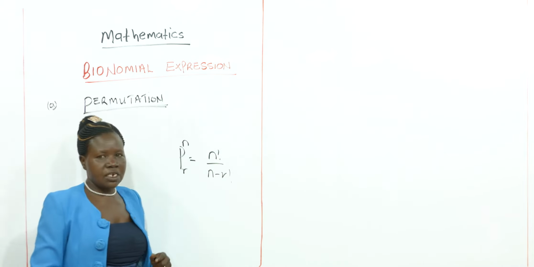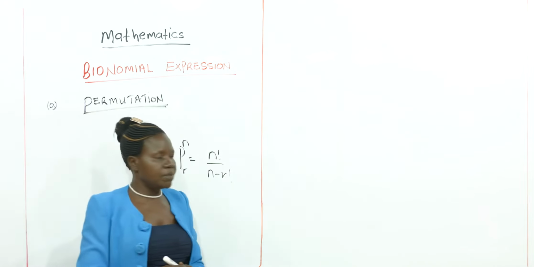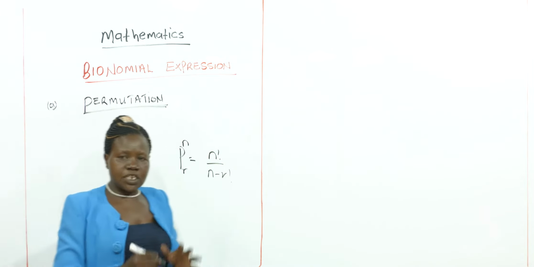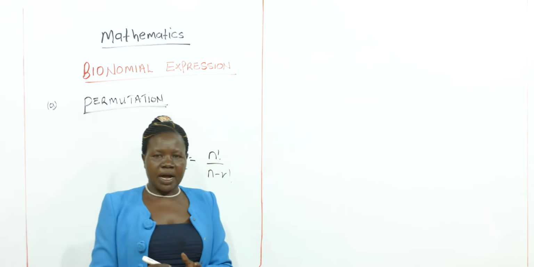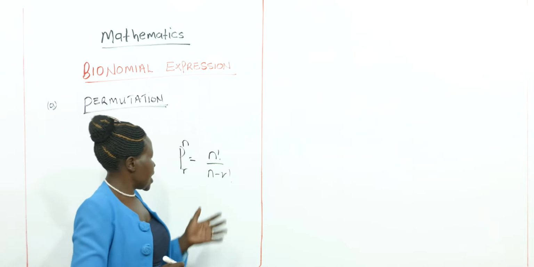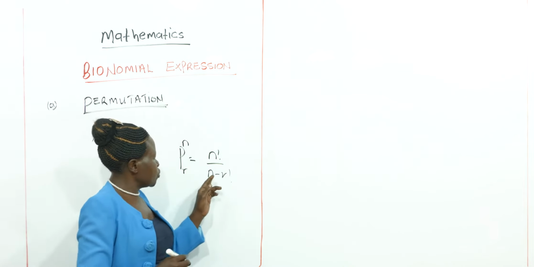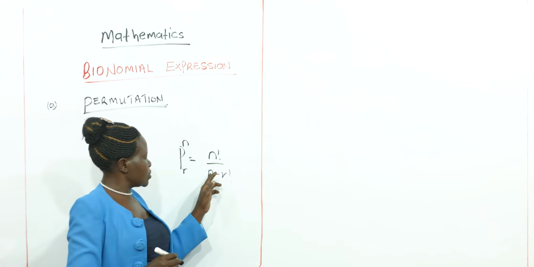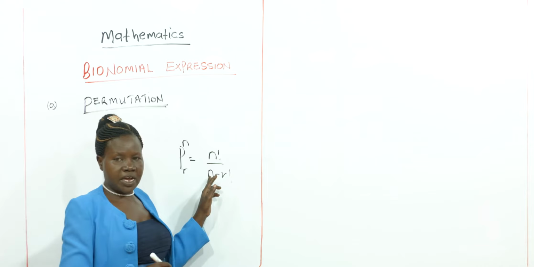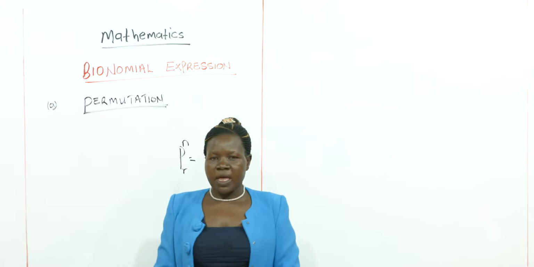Dear learners, n factorial is the short form of writing permutation, and n minus r means you subtract the number of times you arrange from the number of elements.